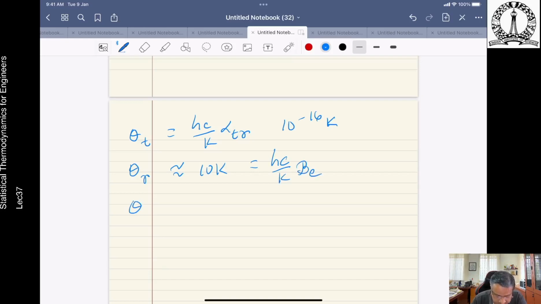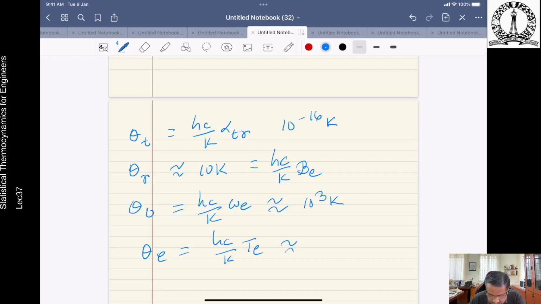Then you have theta vibration, which is equal to hc/k times omega E, which is more or less 10 to the power of 3 K. And then we have the electronic mode, which is hc/k times Te, which is 10 to the power of 5 K.